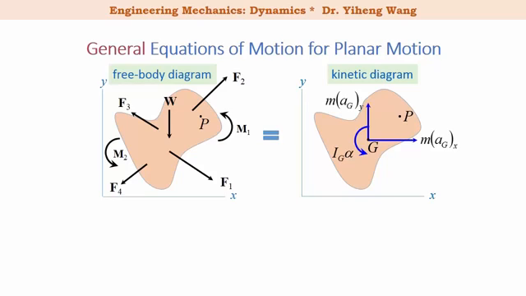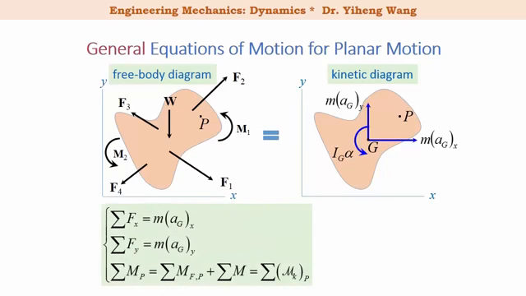And we can write a system of 3 scalar equations in a similar form as the equations for equilibrium we talked about earlier. In this set of equations, resultant force along the x direction equals m, the mass of this rigid body, times the x component of the linear acceleration at its gravitational center. Resultant force along the y direction equals mass times linear acceleration along the y direction.